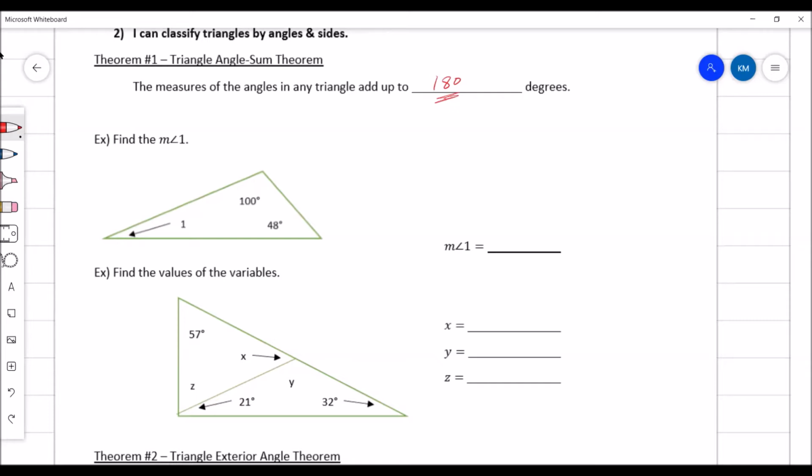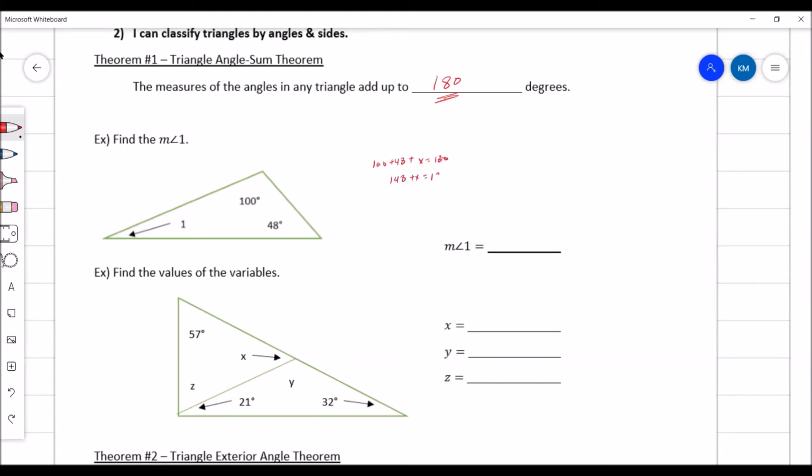Okay, so let's use that information in this example. They ask us to find the measure of angle 1. They give us two angles in a triangle. And so since we know triangle angle sum theorem says that all triangles have to add up to 180, we do some simple math here. 100 plus 48 plus the measure of angle 1, I'll just call it x, equals 180.